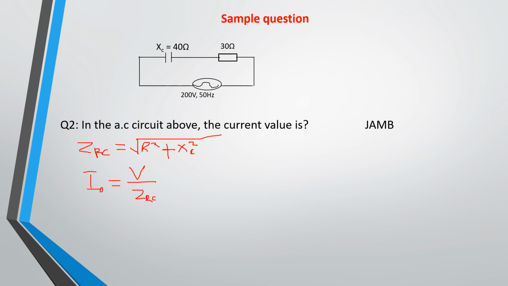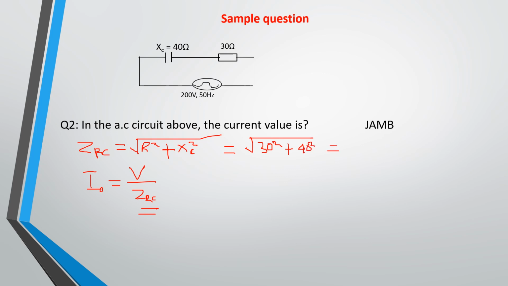Okay, so if you know this, it means I will first of all find this impedance. Voltage is already given to you here. So to find this impedance, substitute these values that are given to you. So you have square root of 30 squared plus 40 squared.